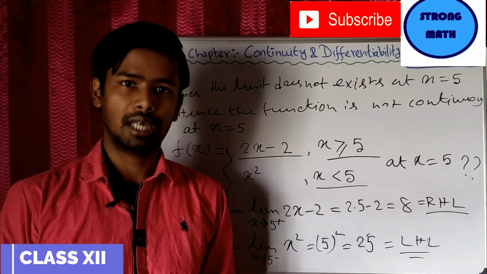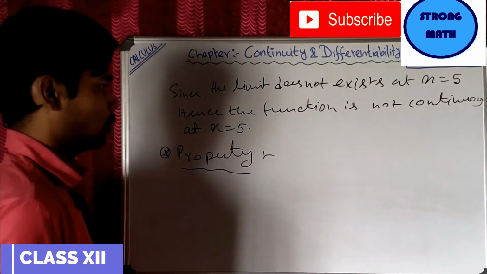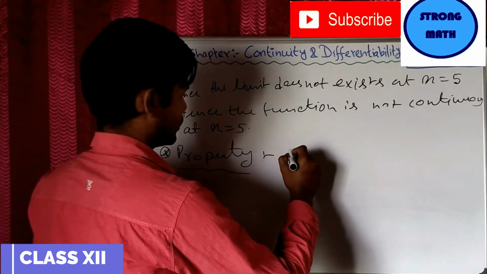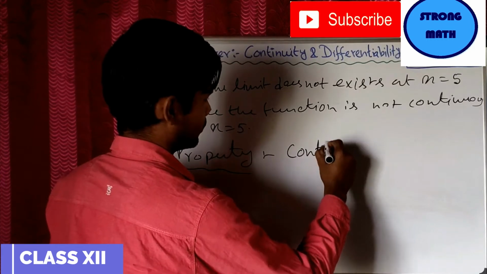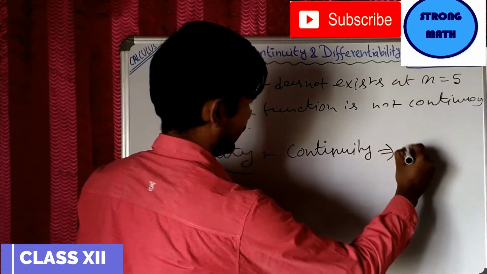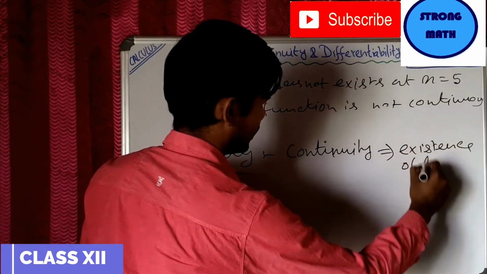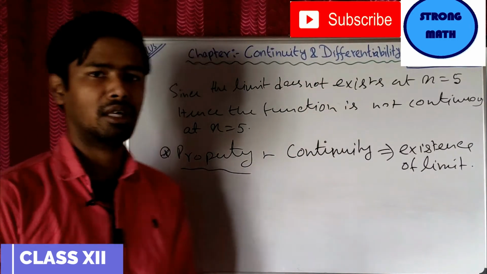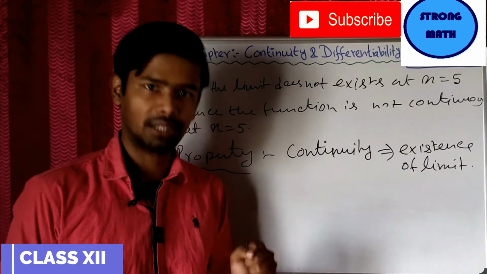So for this case we can get a property which states like this: continuity of a function implies the existence of limit.